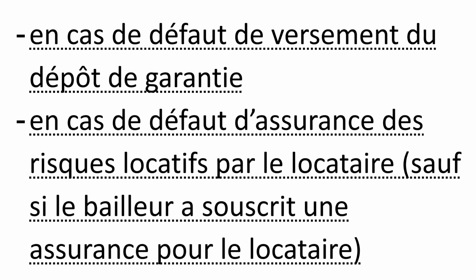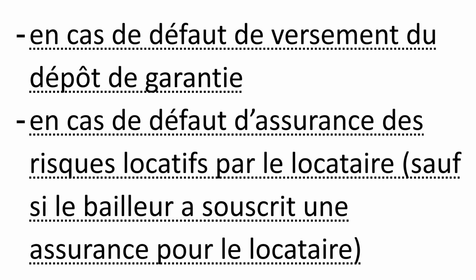So you can see here, the structure is the same en cas de défaut, in the event of. So versement du dépôt de garantie, we know that we're talking about the deposit, okay? So if you don't pay the deposit, you cannot have the accommodation. En cas de défaut d'assurance des risques locatifs par le locataire, remember we talk about this insurance that the tenant has to get.